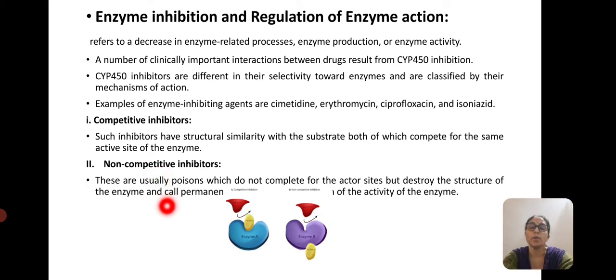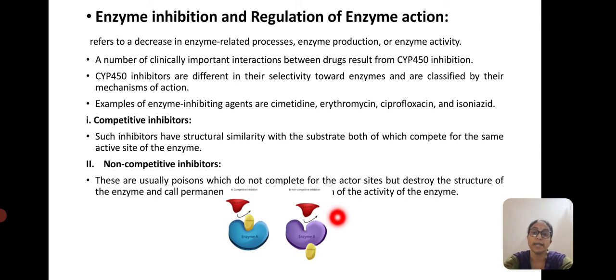Non-competitive inhibition is one wherein these competitors are not going to attack the active site, but they will attack the enzyme from some other place, and they will deform the enzyme, and the active site structure itself is deformed. You can see in this diagram, the active site which is required for the substrate to bind is U-shaped, but it is very much narrowed because of the reaction that this inhibitor has done to the enzyme.